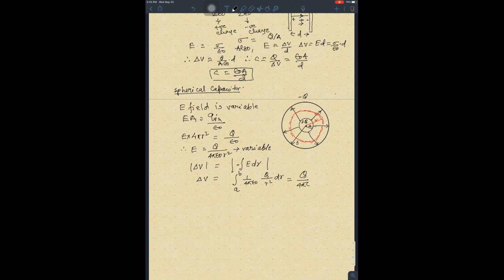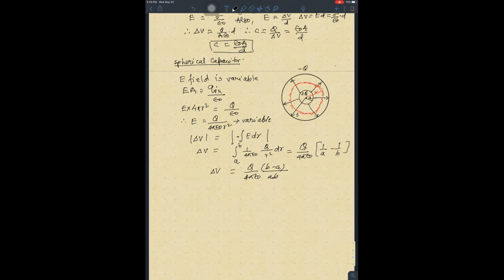Q by 4 pi epsilon naught times 1 by A minus 1 by B, and this will give Q by 4 pi epsilon naught times B minus A by AB. This is the value of potential difference delta V.